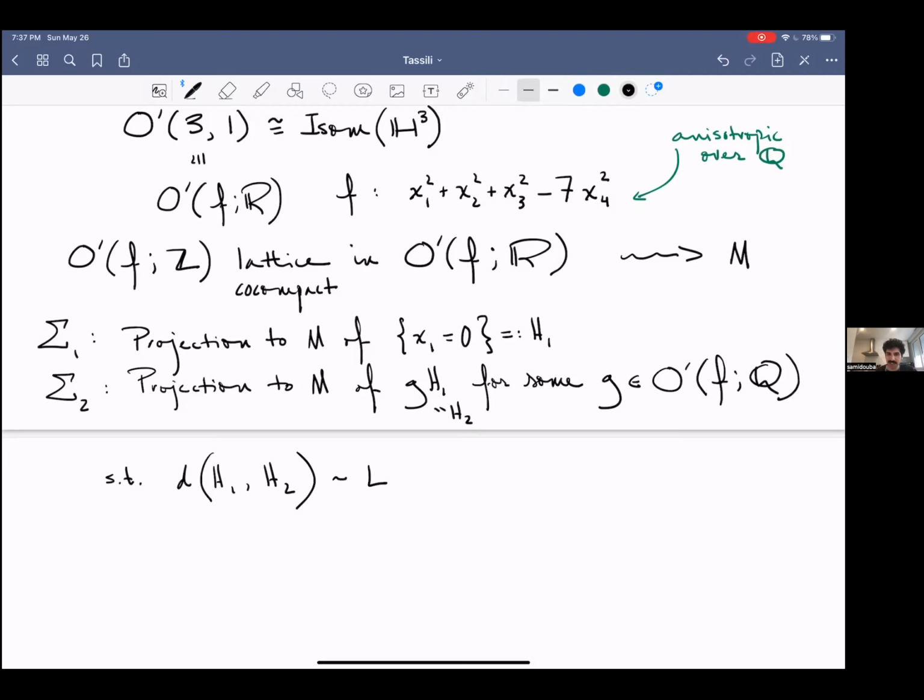And this is something we can do because the Q points are dense in this group, so we can always find such a G.